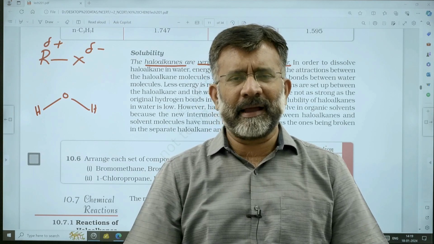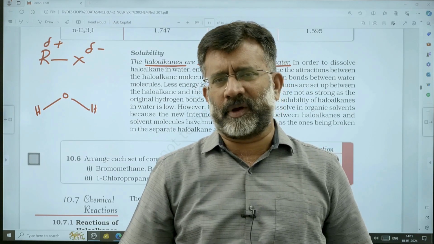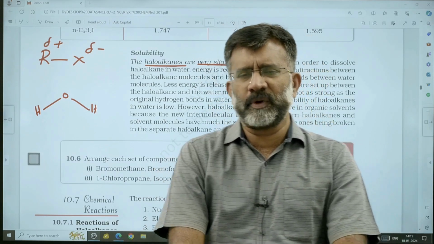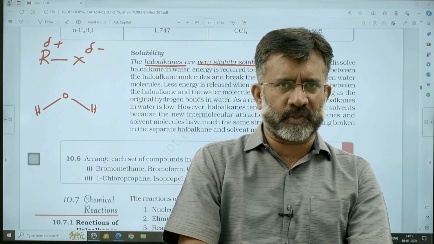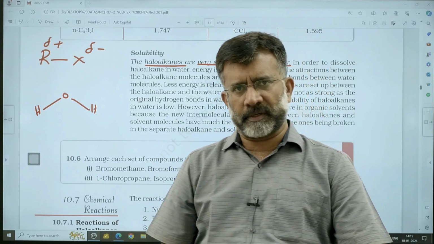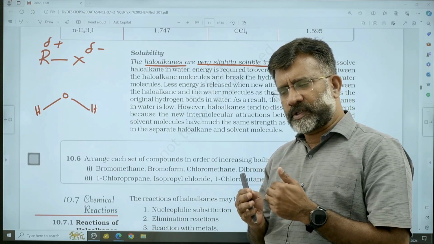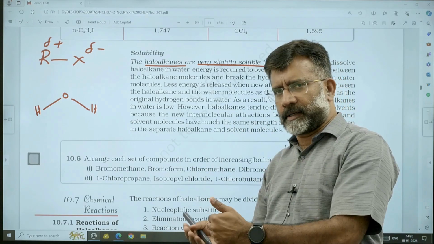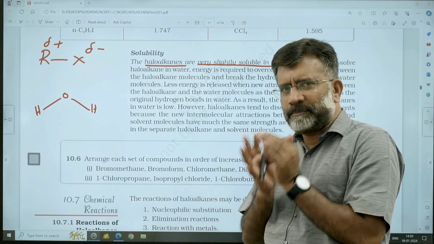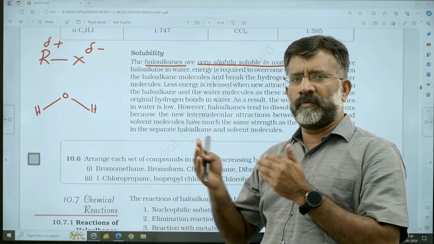So they are not highly soluble, they are slightly soluble. In fact, they give a turbidity, they form a precipitate. The interaction between alkyl halide and water is not that favorable compared to the water-water interaction.